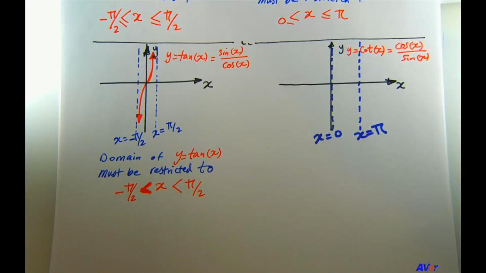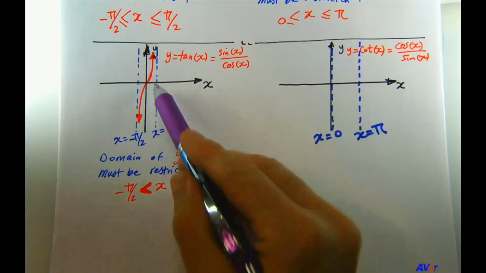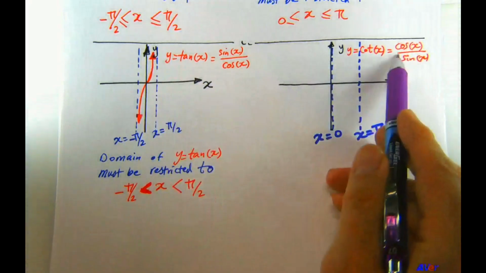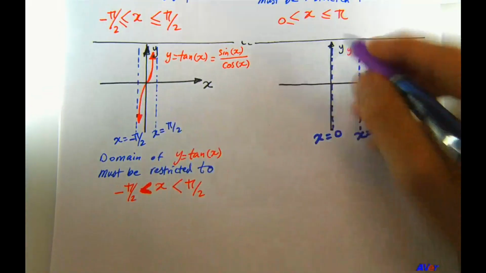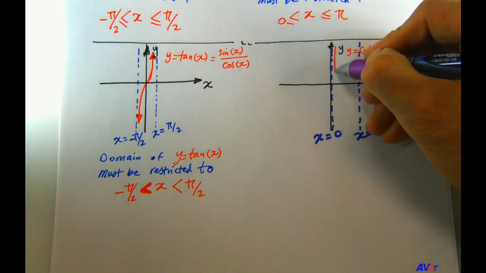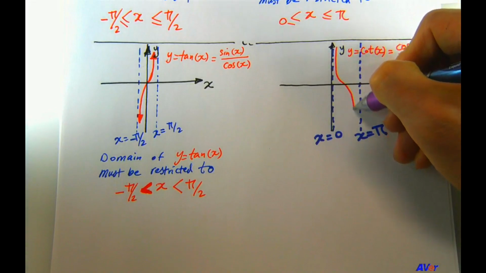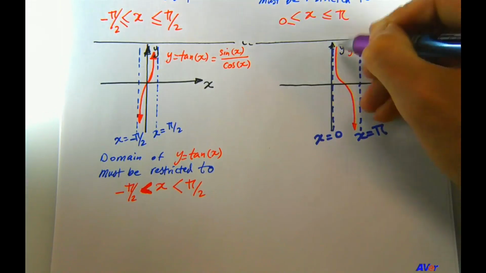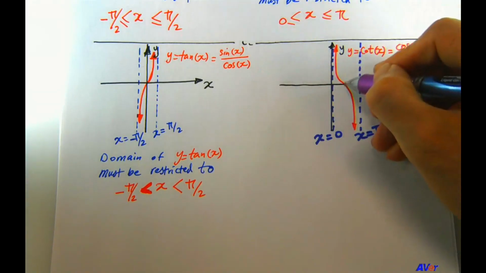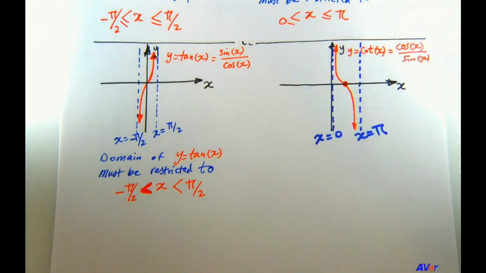Well, let's draw the cotangent, which is, notice how this is going. This is the reciprocal of that. So the graph is going to go the opposite, like that. And you know where that point is, right?